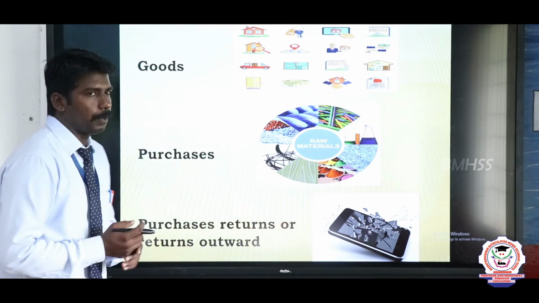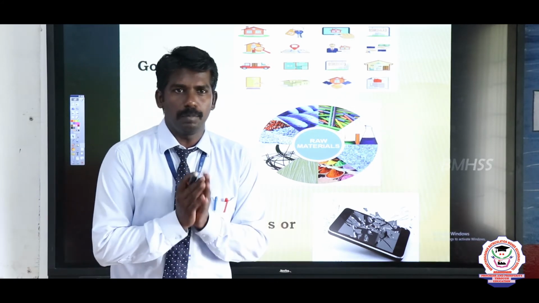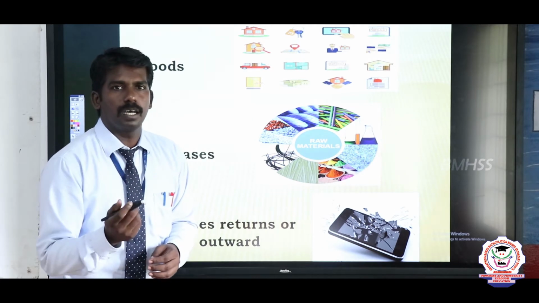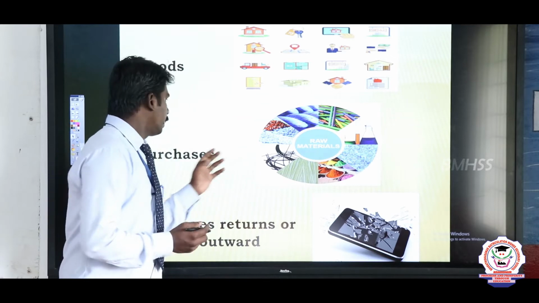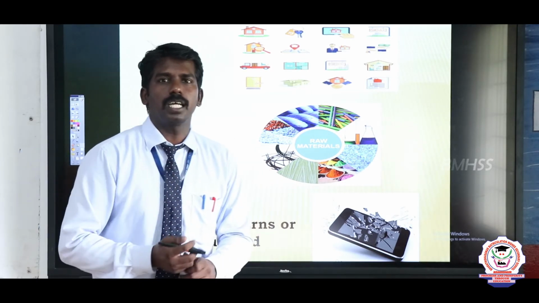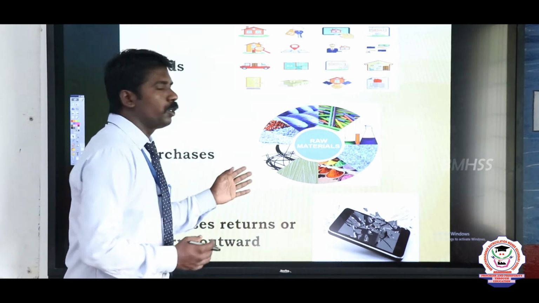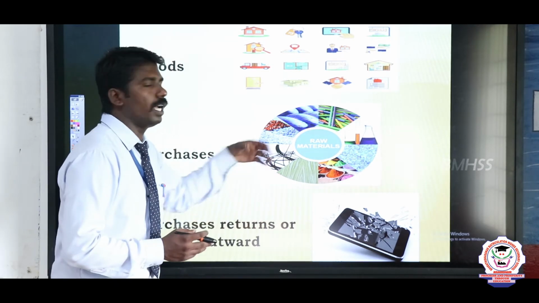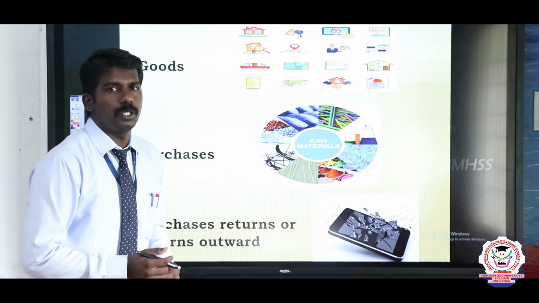Next one is the purchase. Mansur, now tell me what is meant by purchase? Correct. Buying of goods and raw material from the seller is called purchase. For what purpose are we purchasing raw material from the producer?